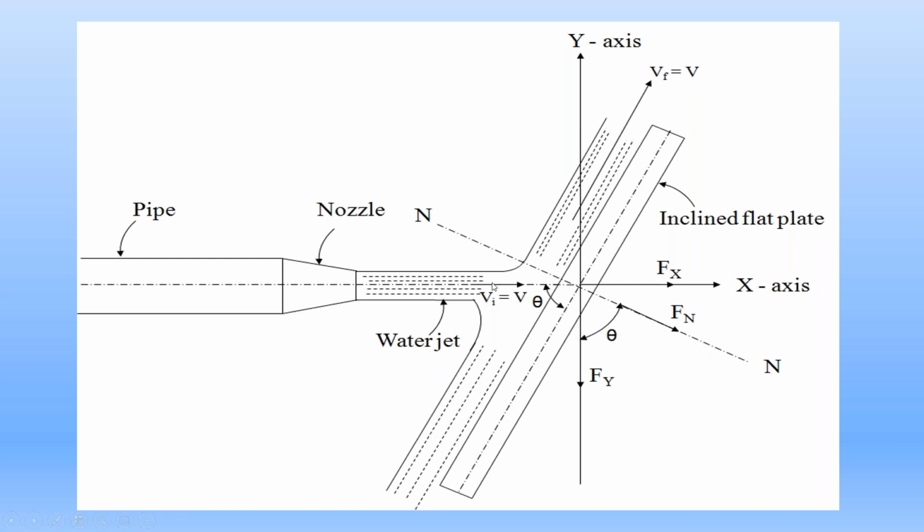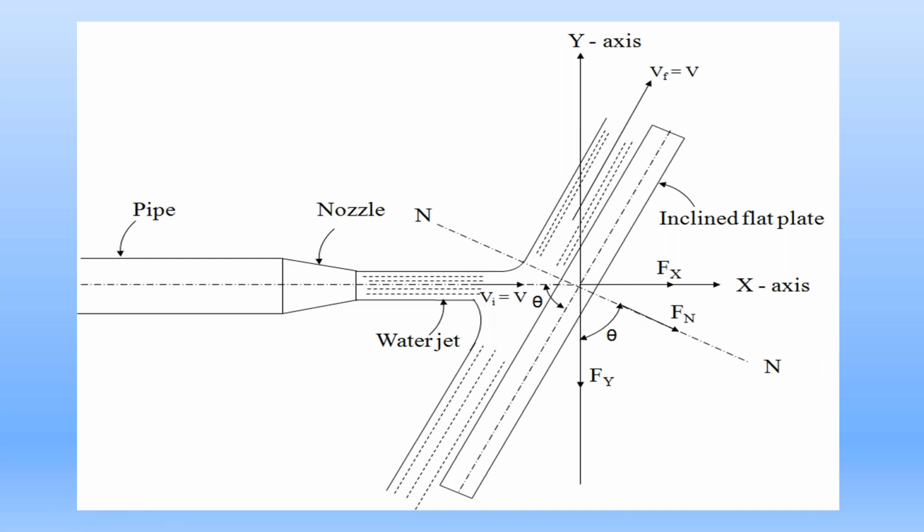So in this normal direction, the initial velocity in the direction of normal is V cos(90 minus theta), V sin theta, and the final velocity Vf in this normal direction is Vf cos 90, that is 0.